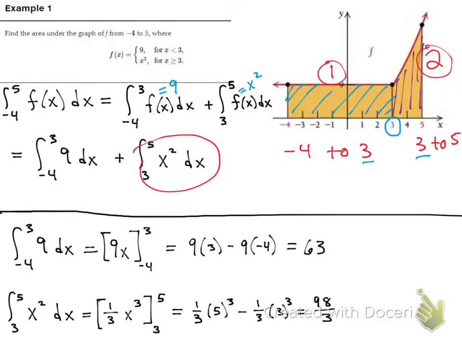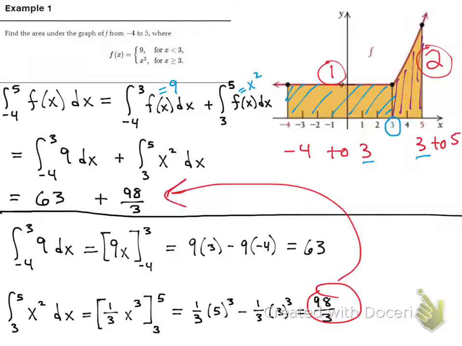So now we can plug in that value and also the value for the first one. Plugging in the values of the two integrals that we found, we have 63 plus 98 over 3. And when we add those together, we get 287 divided by 3.